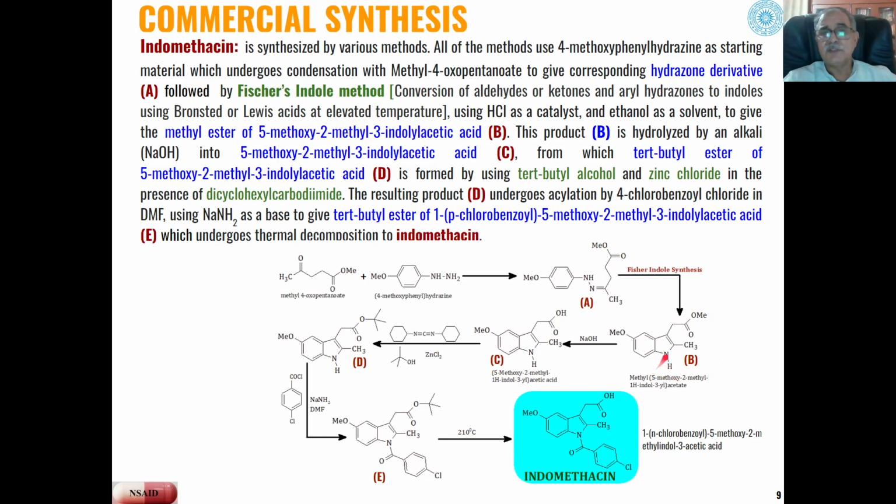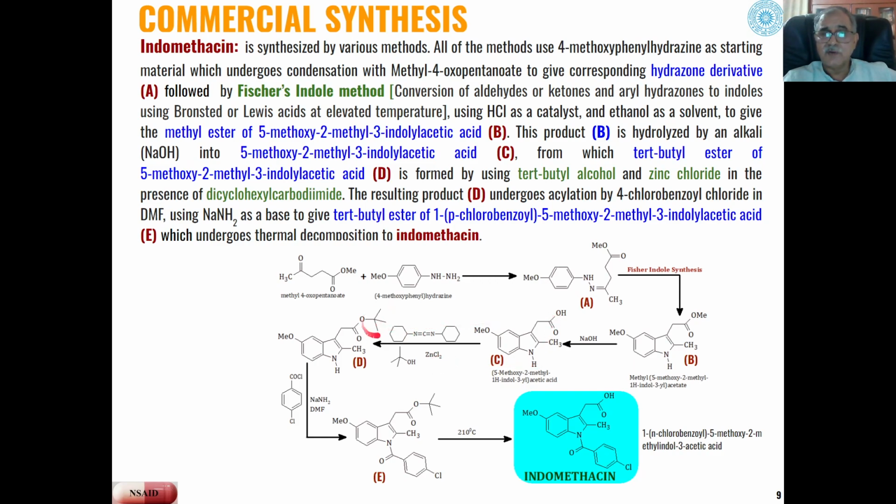When these methyl esters of indole derivatives react with sodium hydroxide, hydrolysis of the ester functional group will take place, and they will be converted into carboxylic acids. Then we will protect the hydroxyl group of the carboxylic acid using tertiary butanol in presence of dicyclohexylcarbodiimide and zinc chloride.